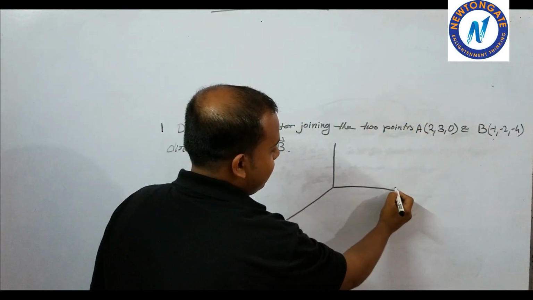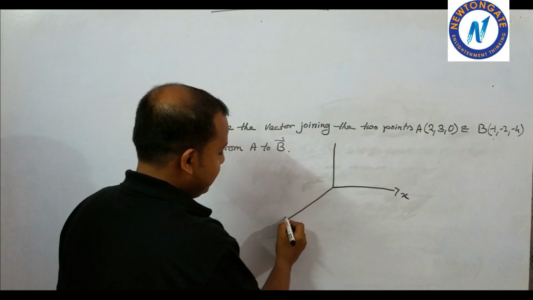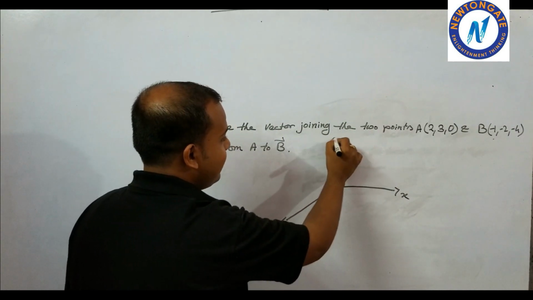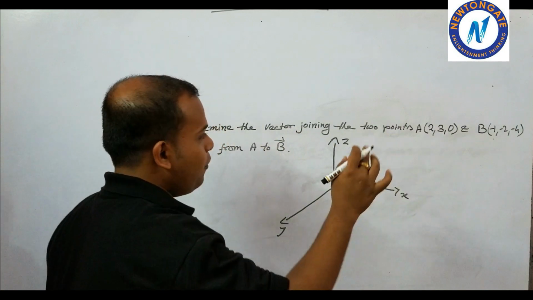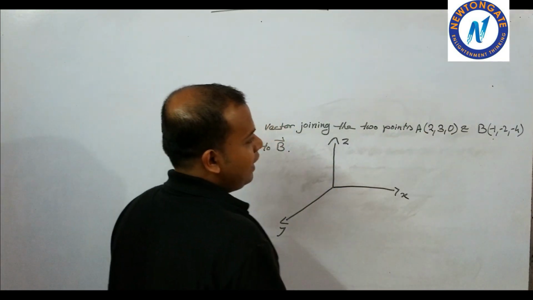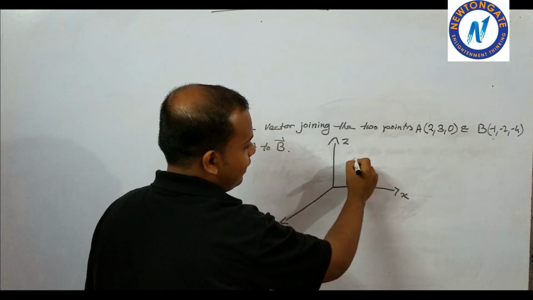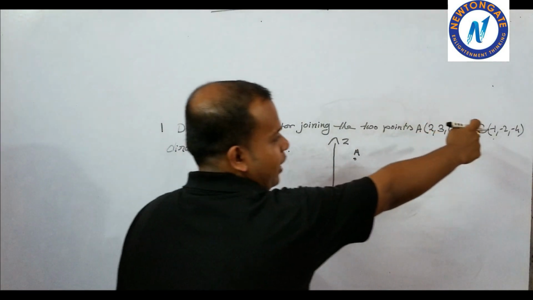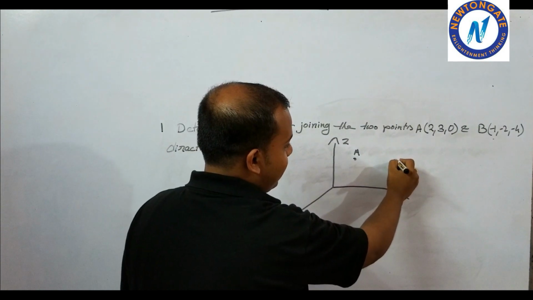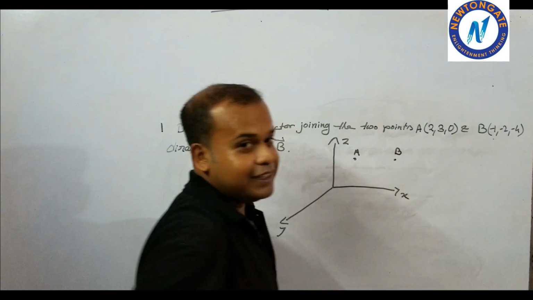This is our x-axis, this is our y-axis, and this is our z-axis. Now let us suppose point A is somewhere here and point B is somewhere here. This is our point B.